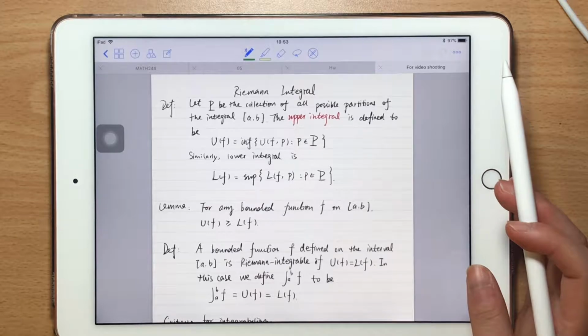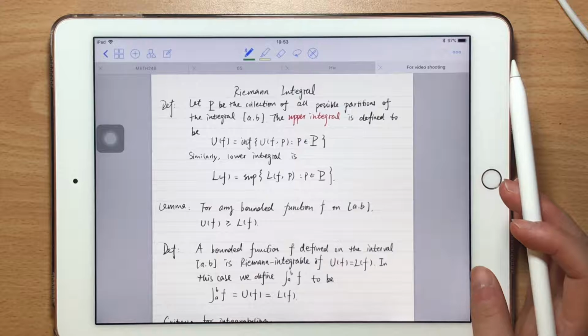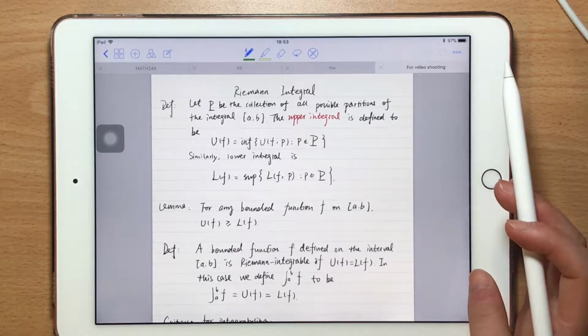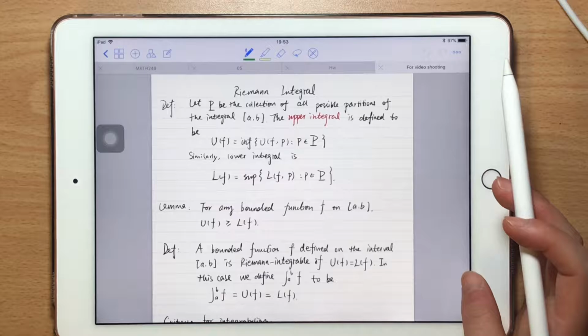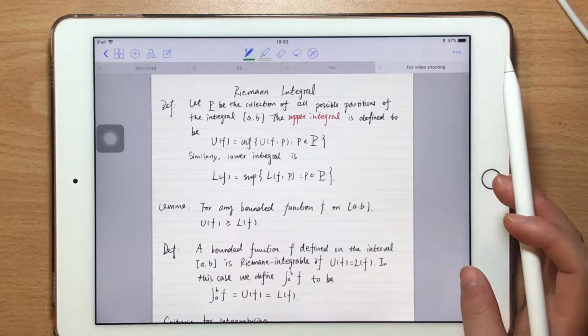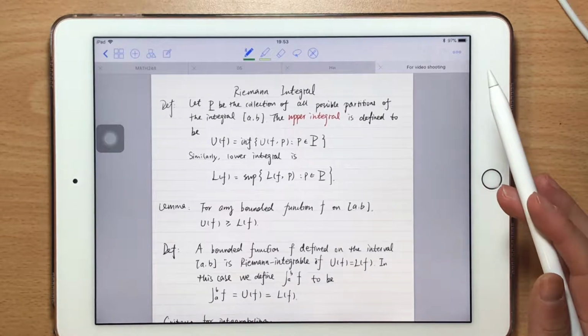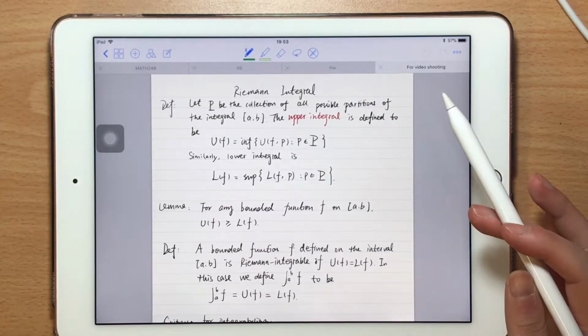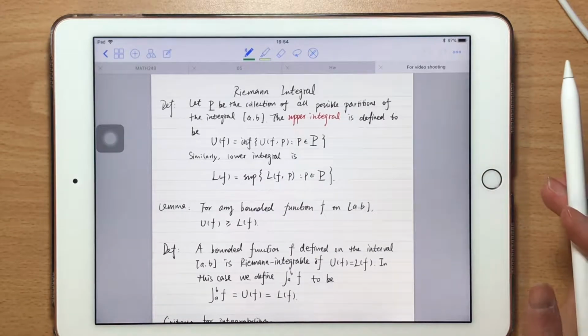This is the reason why we define the upper and lower integral, because we are taking the infimum and the supremum of our upper and lower sums, kind of like taking the limit, looking for a finer and finer partition, and finally these two upper and lower integrals are so close that they're almost the same.